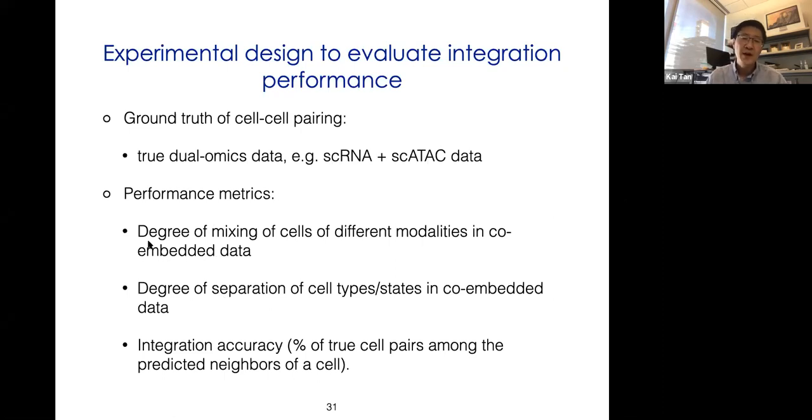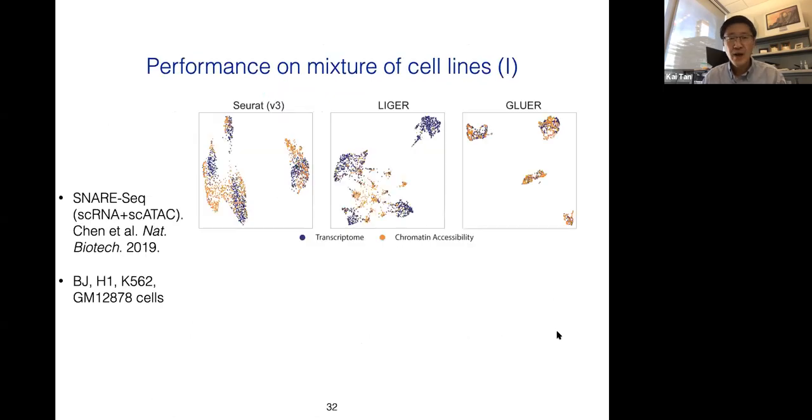The first one is the degree of mixing of cells of different modalities in the co-embedded data. Secondly, we can consider the degree of separation of cell types or states in the co-embedded data. And finally, we devised a pretty simple global metric we call integration accuracy. Essentially, it's the percentage of true cell pairs, because we have the ground truth, among the predicted neighbors of a cell.